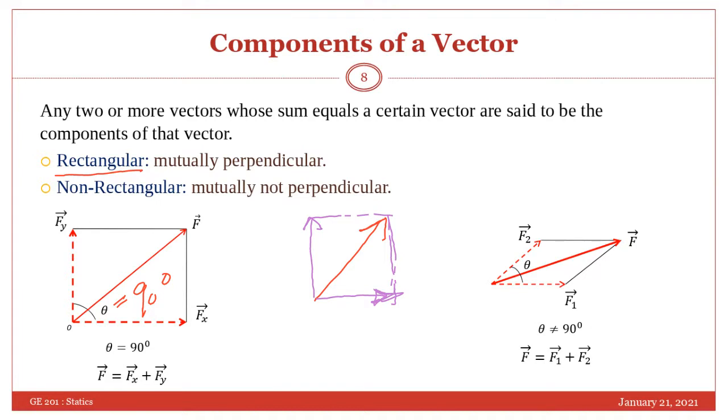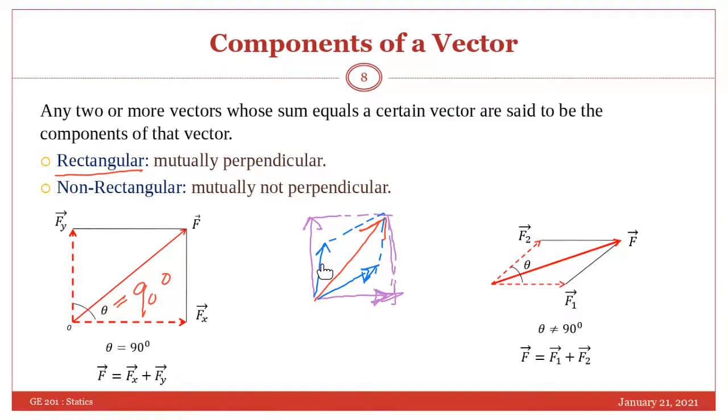Now if I go and take a blue color, so you see here, those which are shown by the purple color here are the rectangular components of this vector.